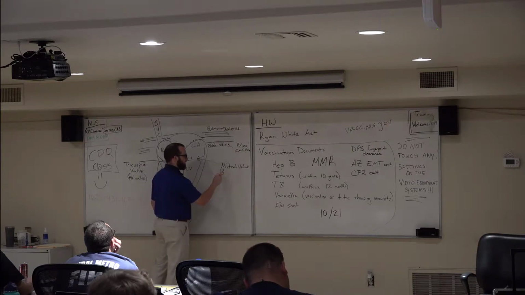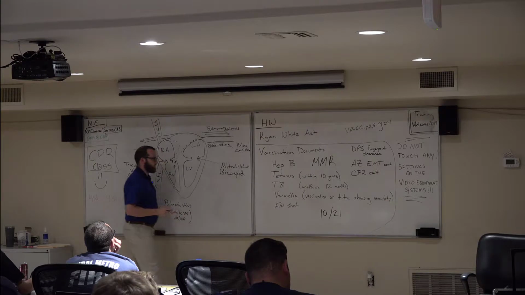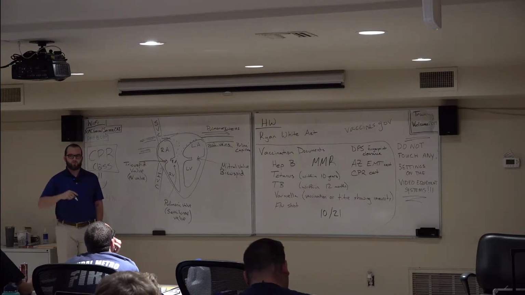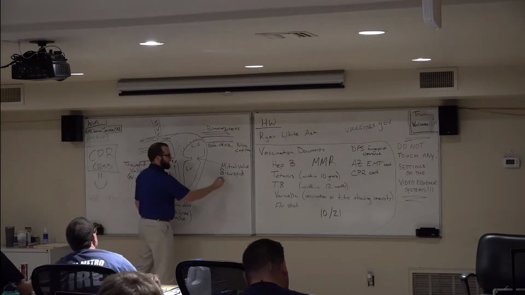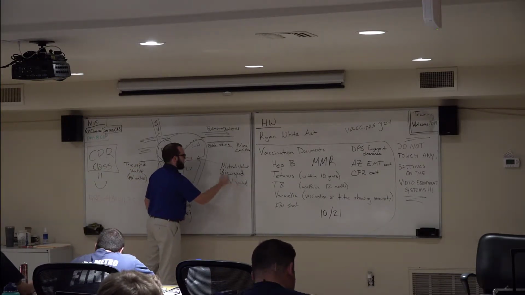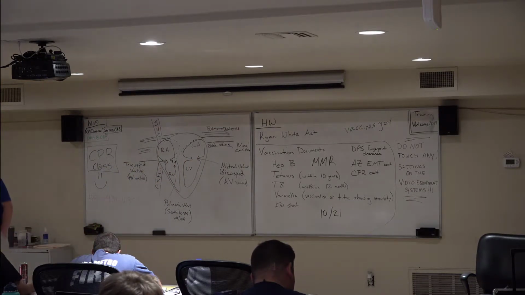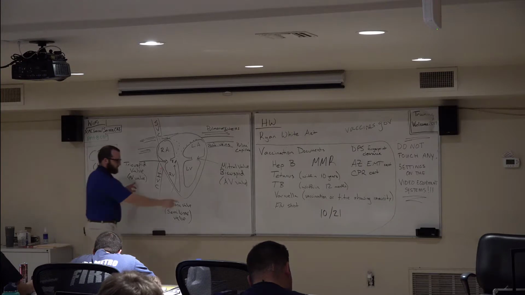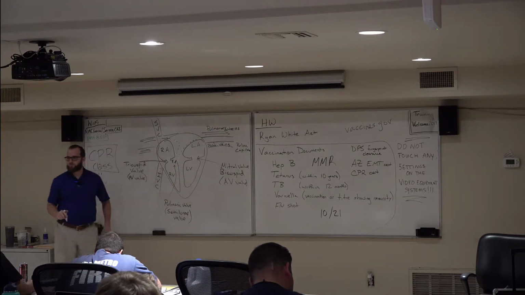Bicuspid valve. Bicuspid valve. That valve is also what type of valve? Good. It's one of those atrioventricular valves, just a valve between the atrium and ventricle on that side. That's what I'm saying. That's a generic term, right? It just means it's one of those valves between the atria and the ventricle, right?